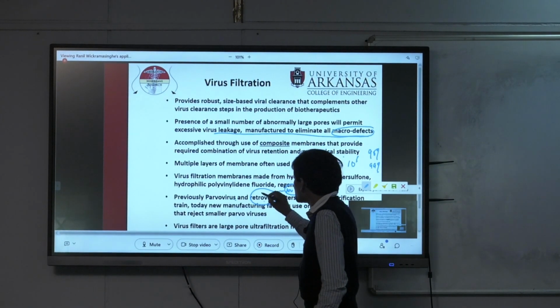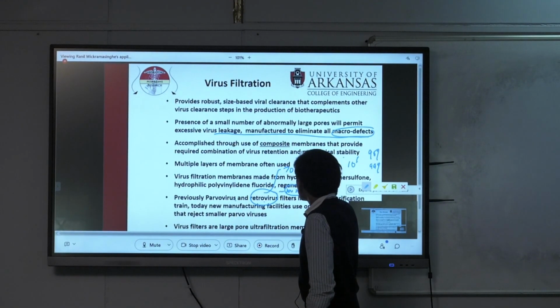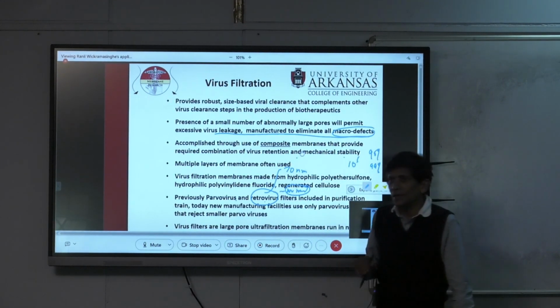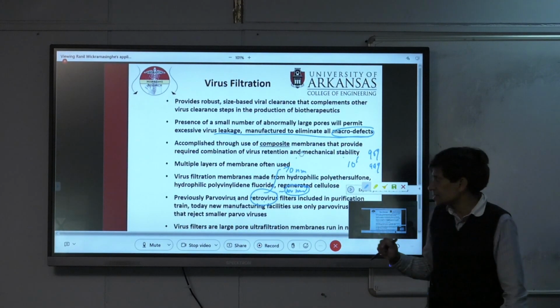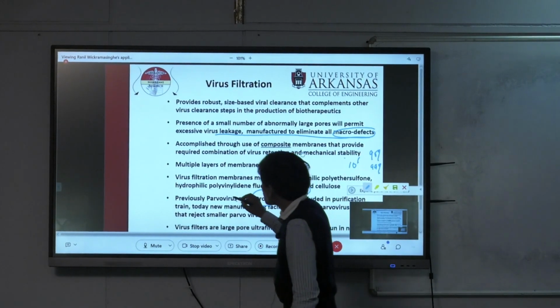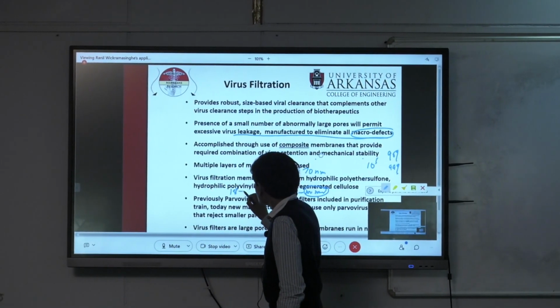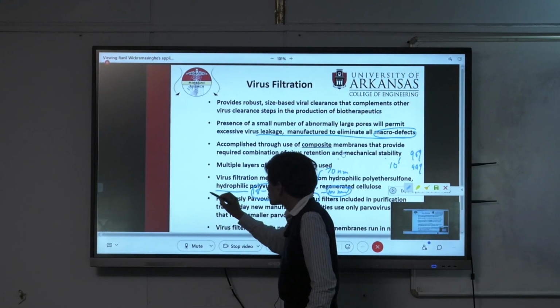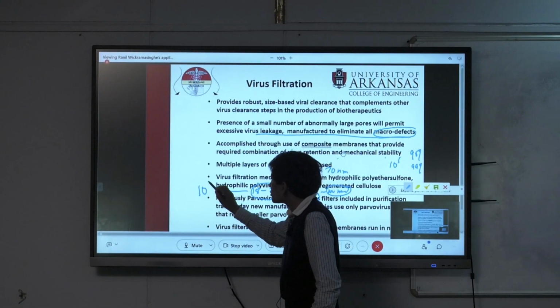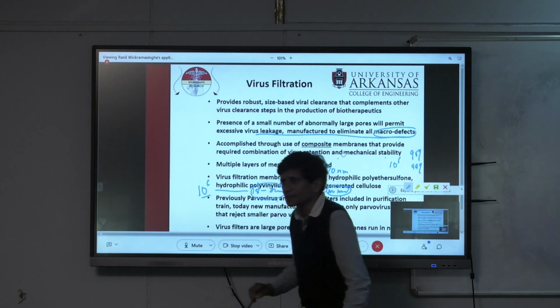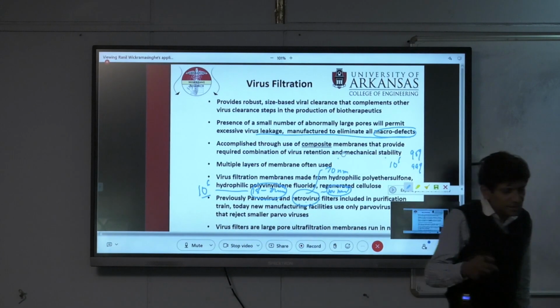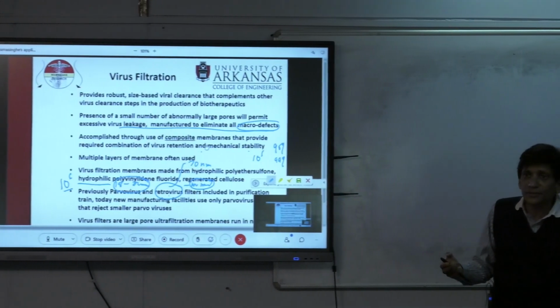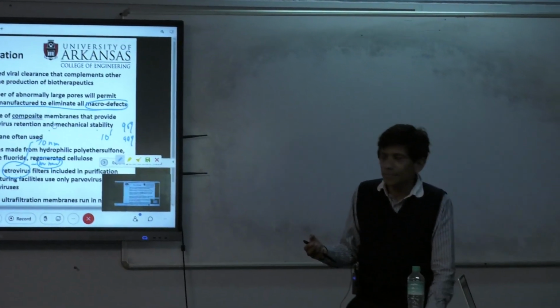Therefore, these were the ones for which you used the 70 nanometer pore size membranes. I told you they are between 20 and 70 nanometers. Parvoviruses are small viruses. They are typically 18 to 22 nanometers in size, and they are so-called adventitious virus infection, and we're looking at removal of about 10 to the 6, about 6 log, okay? And this comes from using animal-derived growth media and so forth, okay?